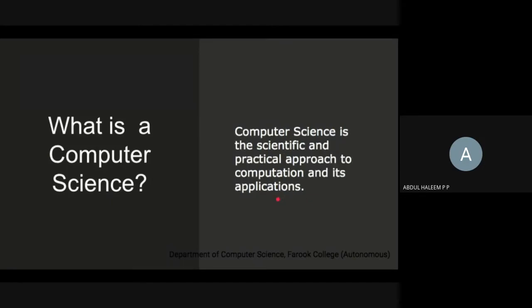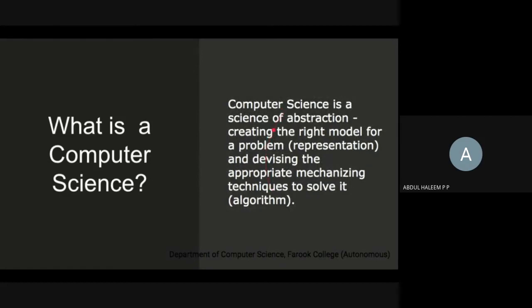Now, to be more specific, we can add one more sentence like this. Computer science is a scientific and practical approach to computation and its applications. We can also say that computer science is a science of abstraction. So how will things be abstracted? The first part is representing a problem. You have to formulate what you have to do, the problem statement.